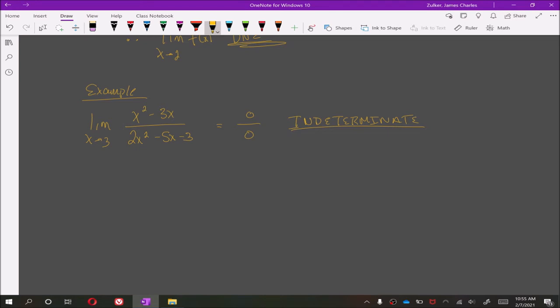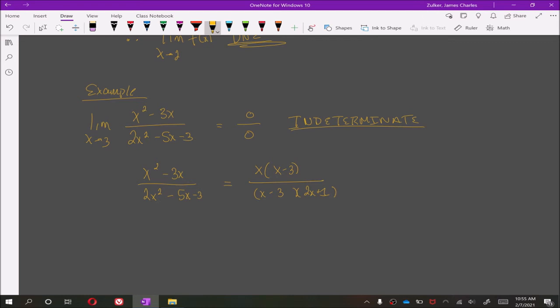So what we want to do is take a look at the function we're taking the limit of. Let's go ahead and factor the numerator and denominator. So we can factor an x out of the numerator. And the denominator will factor x minus 3 and 2x plus 1.